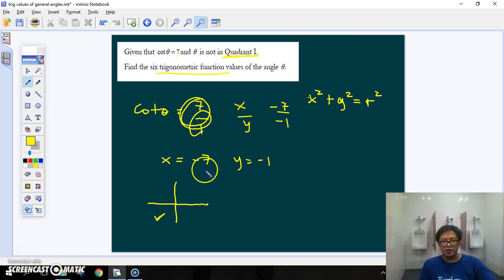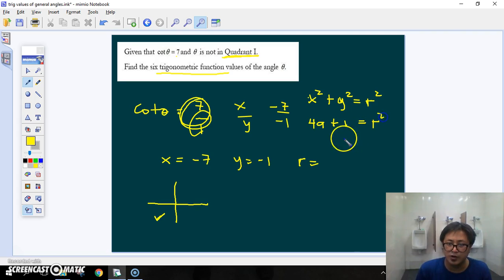Thus, when you divide, you get a positive 7 cotangent, right? Therefore, for r, negative 7 squared is positive 49. Negative 1 squared is 1. Therefore, you get r squared of 50. And what is r? It's 5 square root of 2.